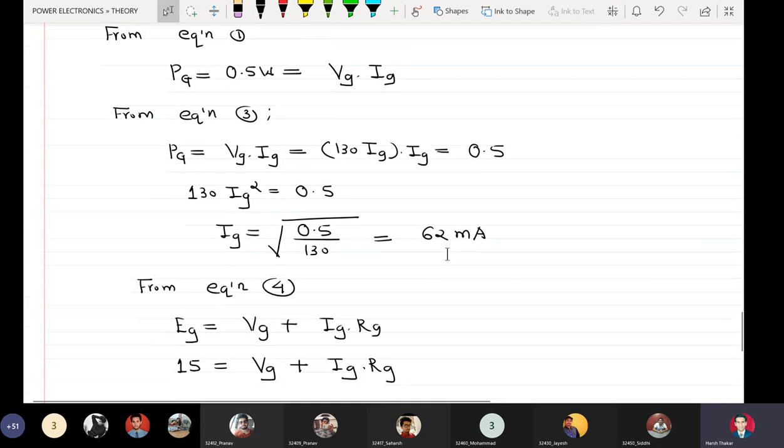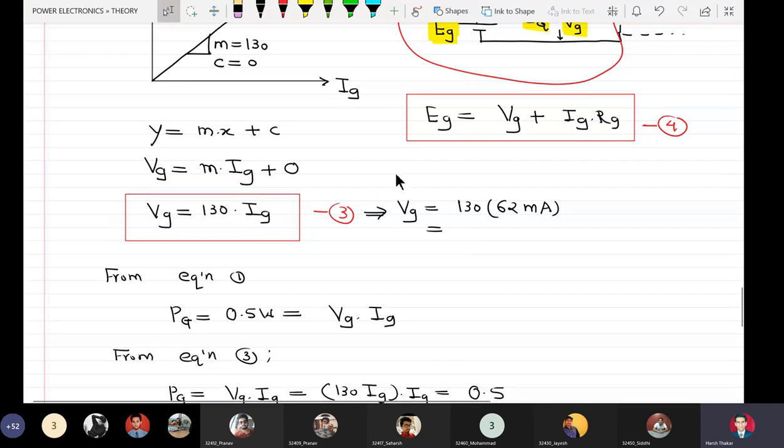Let me first check if 62 is exactly what we need. So 130 into 62 milliamperes is equal to 8.06 volt.